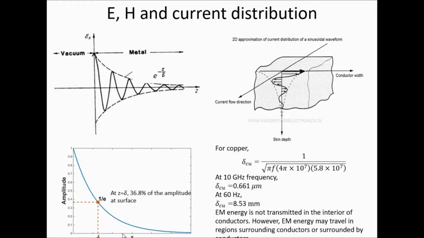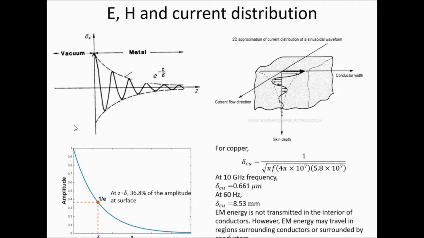If you plot this graph down here, you'll see the delta. If you put delta equal to z, then this value will be e to the power minus 1, or 1 over e. 1 over e is equal to 0.368. That means 36.8%. So at z equal to delta, the amplitude of the electric field, magnetic field or current will be 36.8% of the initial value.